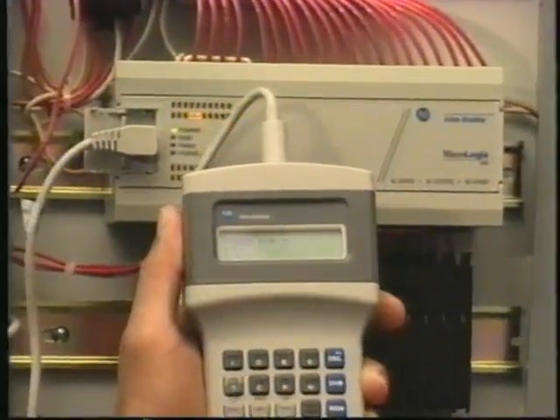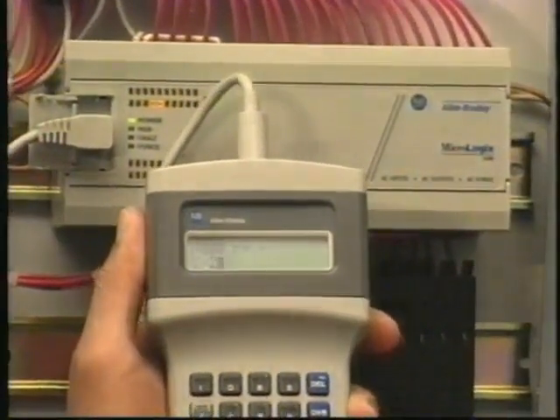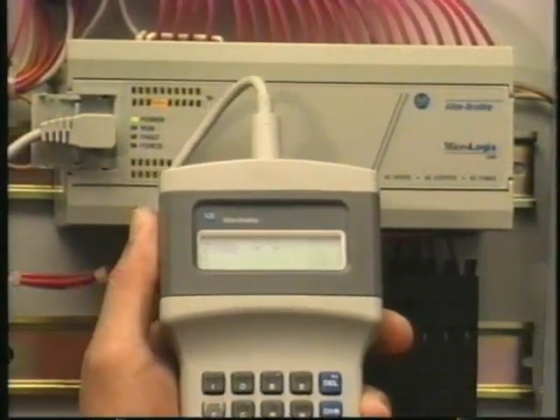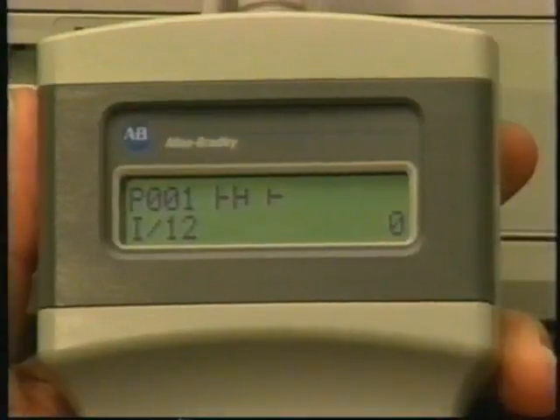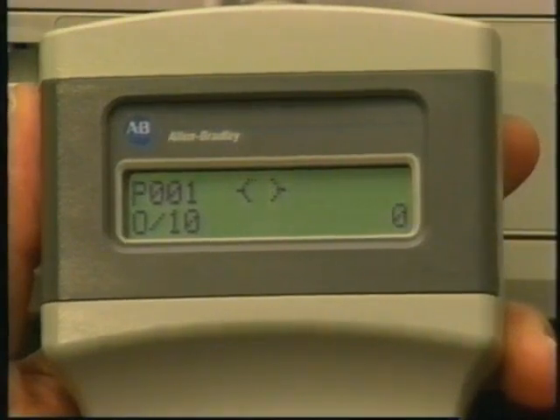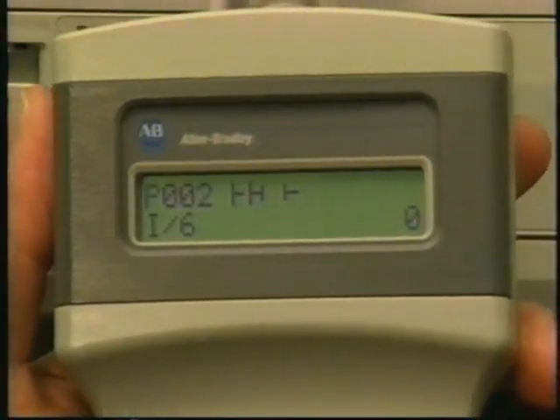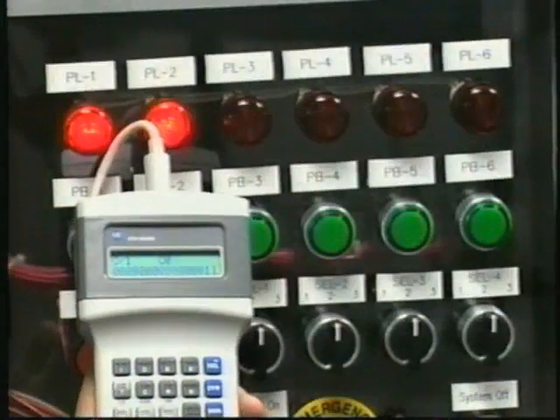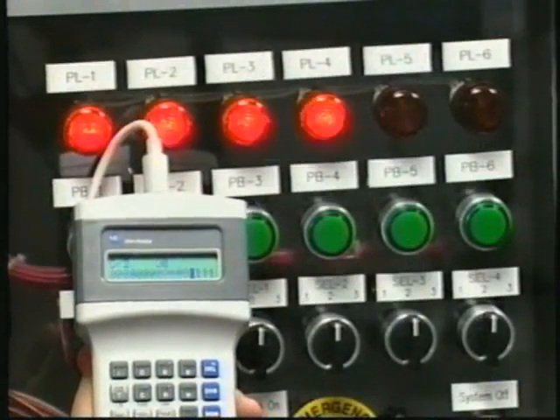Programming devices may include what's called mini programmers. These are small handheld programming units generally used to program small PLCs or to make rather small changes in large PLCs. Although these mini programmers don't display much data on their limited screens, they can be very helpful because of their portability and relatively low cost.